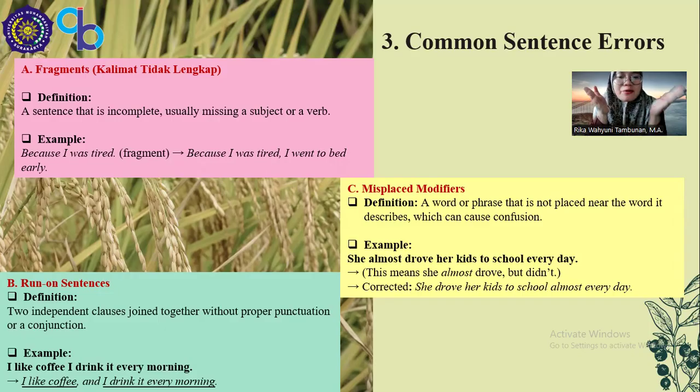To fix it, we add a main clause. Because I was tired, I went to bed early. Now that is the full, right sentence, not making people misunderstand. The sentence is complete. We know the reason and the action.